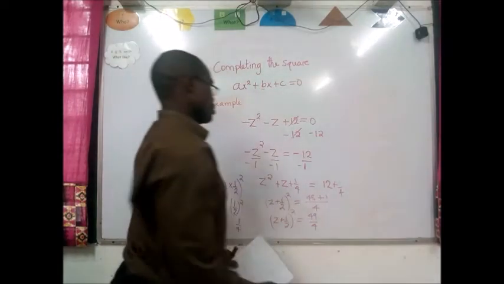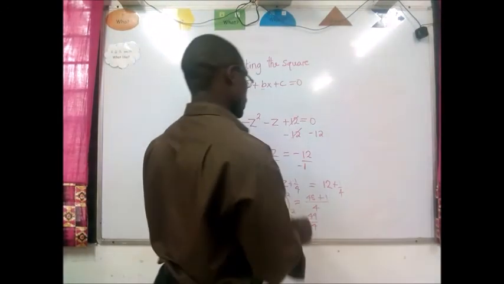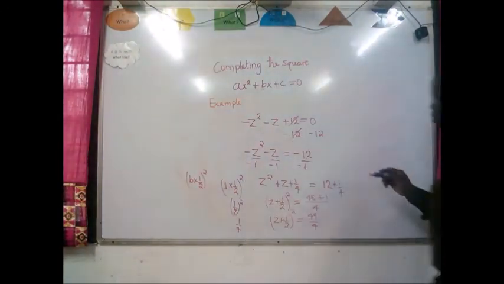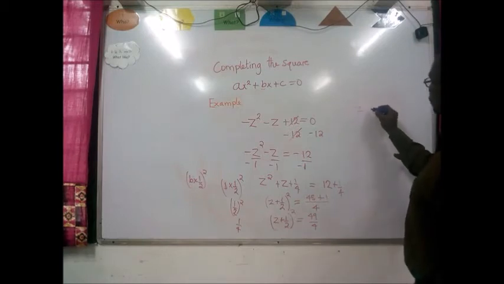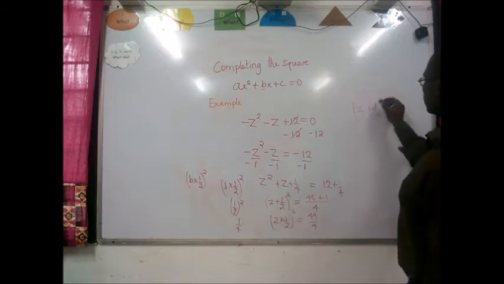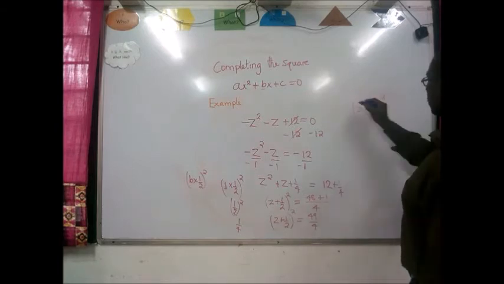And then what we do here is get rid of the power, which is the completing the square step. We have z plus half squared.